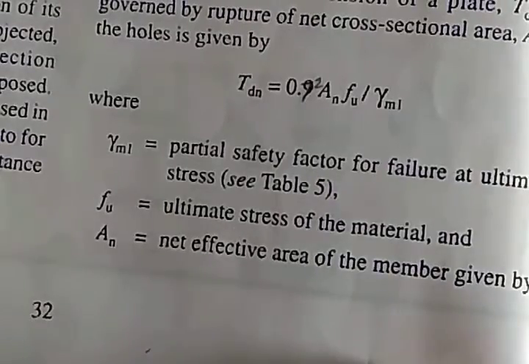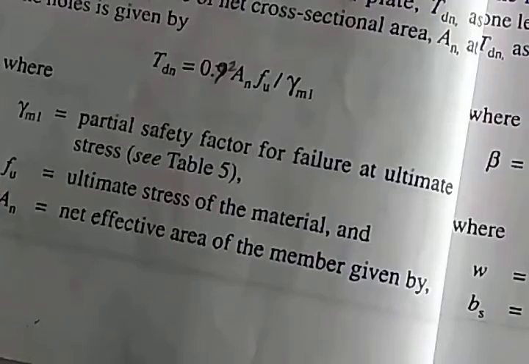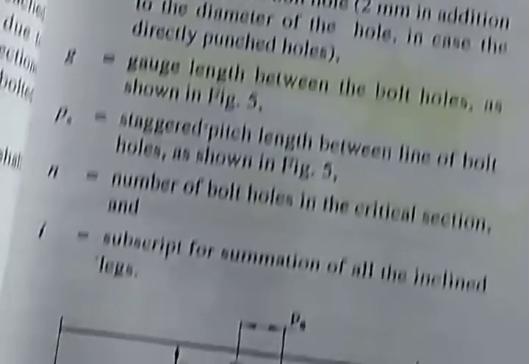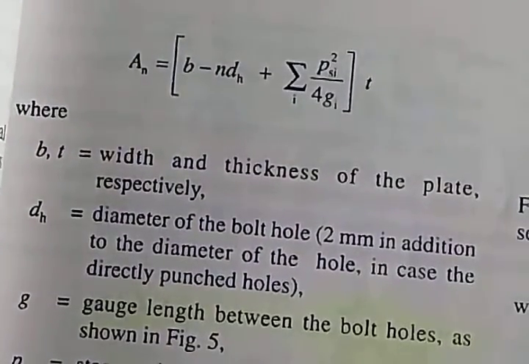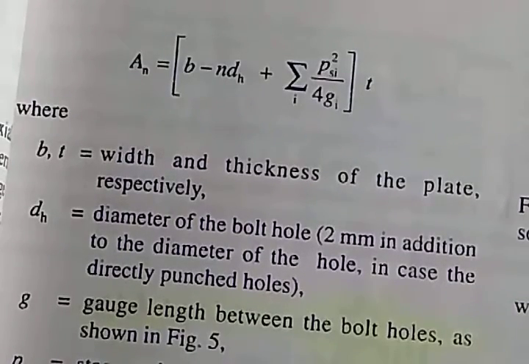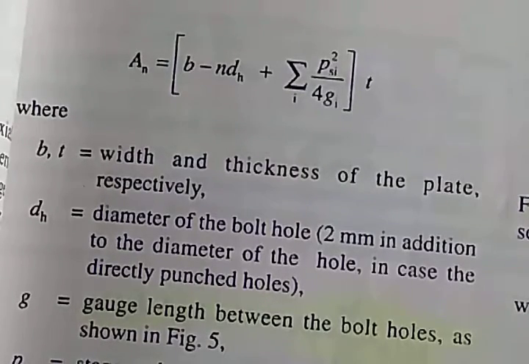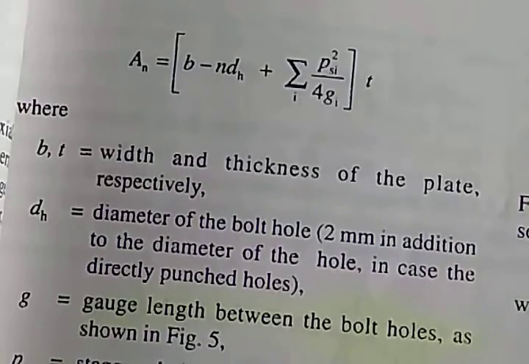Then Fu is the ultimate stress of the material, and AN is the net effective area of the member, which is given by AN equals B minus n D. There are some terms that won't be required in this case, and that is multiplied by T.